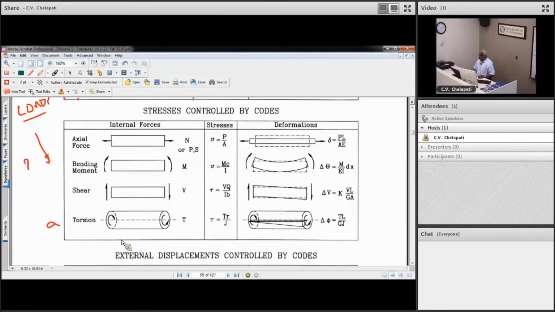After knowing the internal forces, what happens? Suppose you have an axial force. Force is measured in kips, or thousands of pounds, but the material has to withstand the force, and that depends on the stress, how much force is going through per unit area, in pounds per square inch, PSI, or kips per square inch.